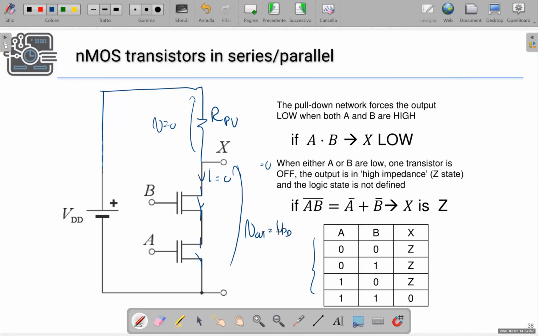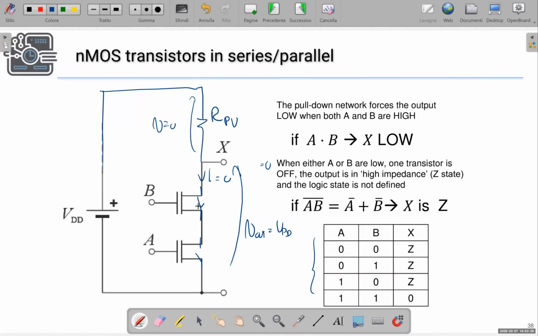By the way, this is not the approach adopted in CMOS gates. We will see that this approach can also be useful, and it is actually the one exploited in open drain gates. But it is not the one we adopt in CMOS digital gates. The problem is that this resistance RPU cannot be too low.